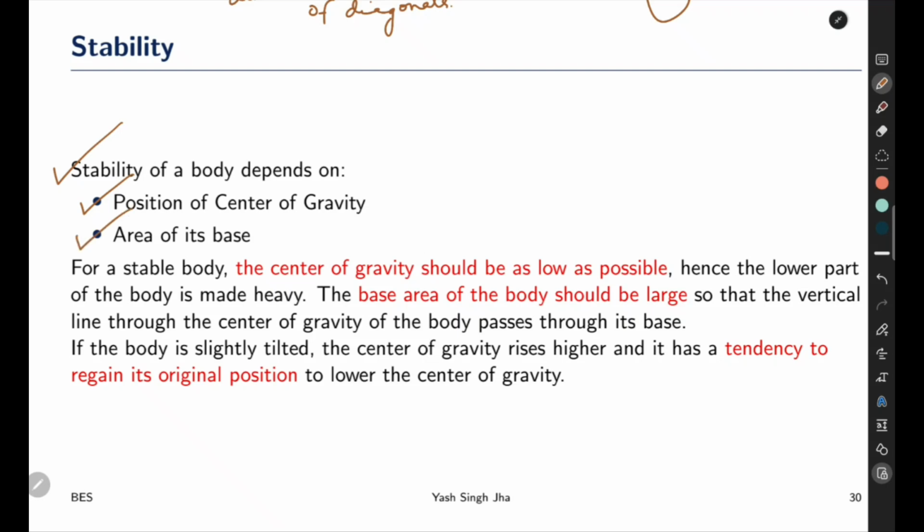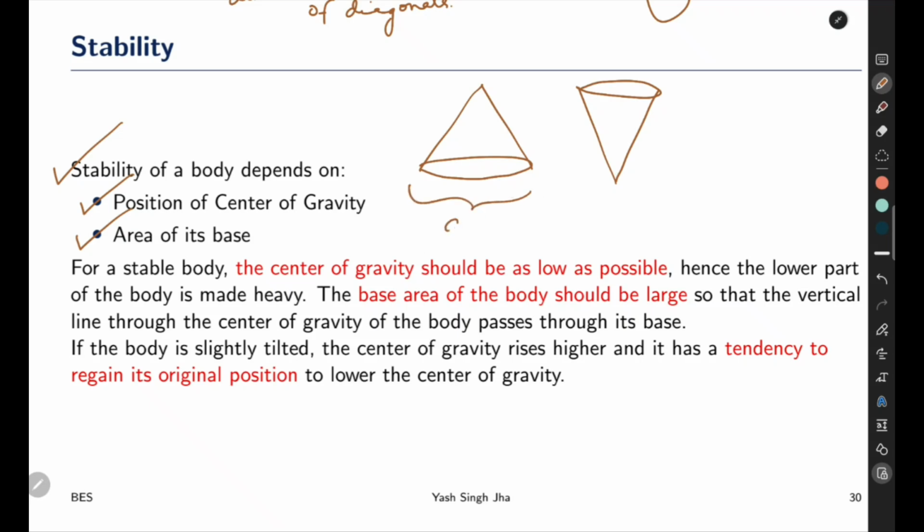For example, if we have a cone, a cone placed on the floor in this direction is more stable than a cone placed upside down. Why? Area of the base.